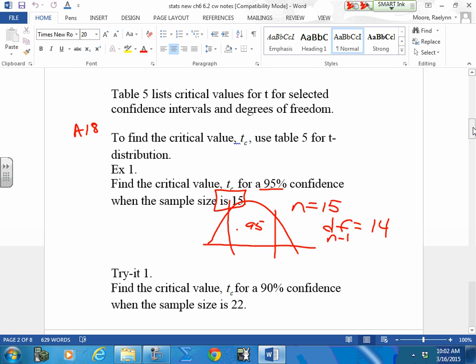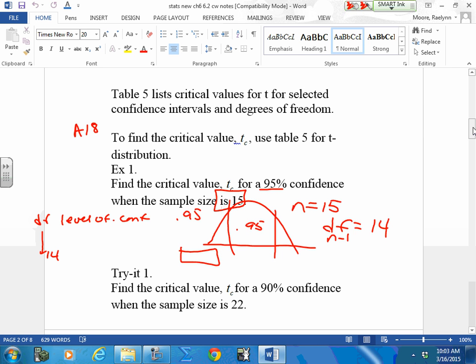If you go to your table and you look up level of confidence on the top, 95, degrees of freedom, 14, and pull up this number right there. Everybody look at their table. They give you a little excerpt in the front on page 311, but use your table.